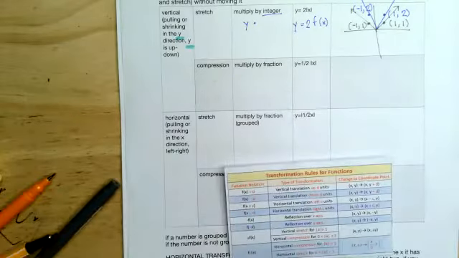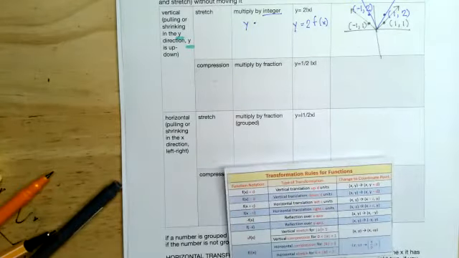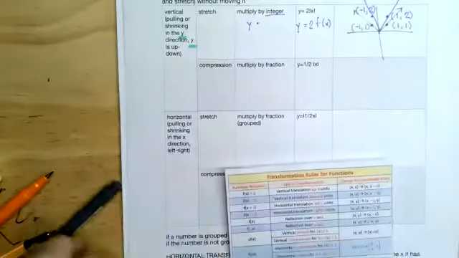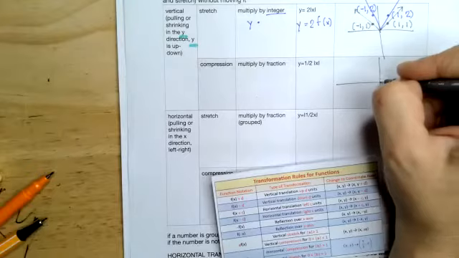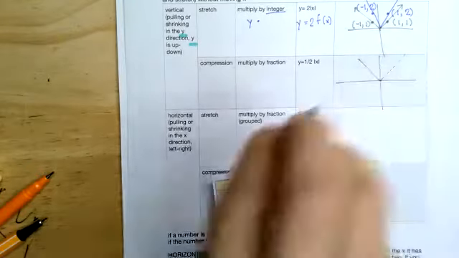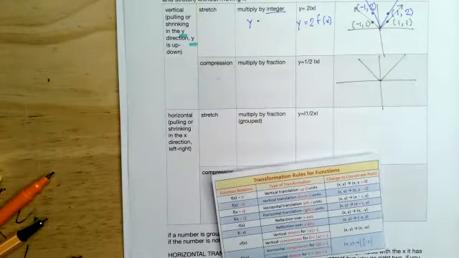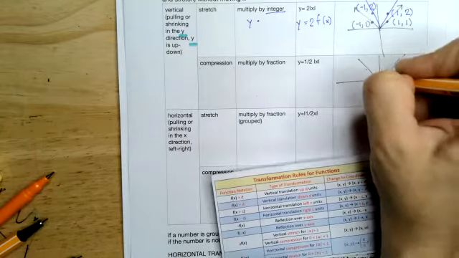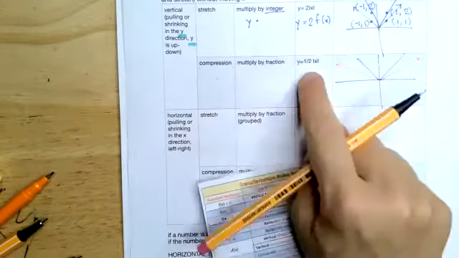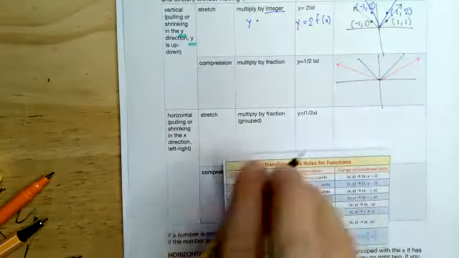So if we're doing 1/2 x instead of 2 absolute value of x, that means it's actually going to be down here. You're going to cut for 1/2, for example, you're going to cut your y values in half.